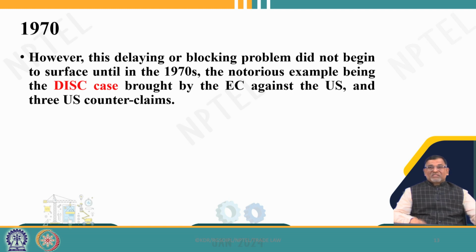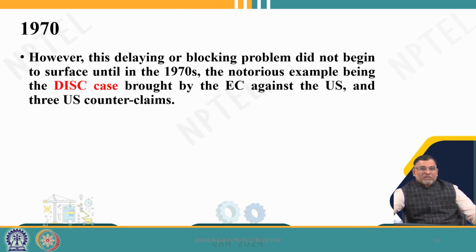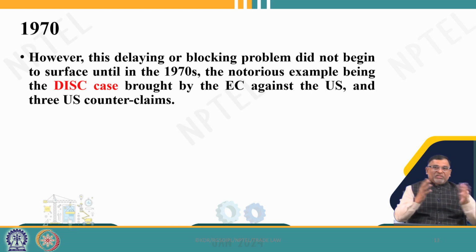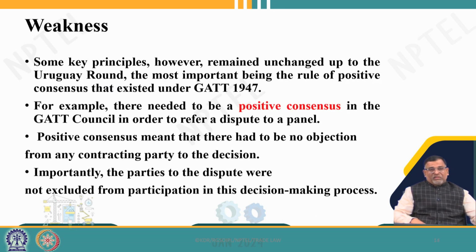One of the starting points was the DISC case brought by the European Economic Community against the US, and you can see that the counterclaims and claims and blocking of reports made a lot of problems for the GATT dispute settlement system. This positive consensus became an impediment to dispute settlement.